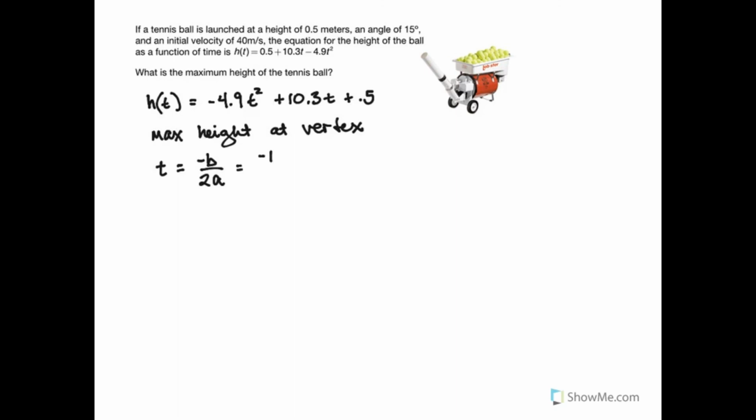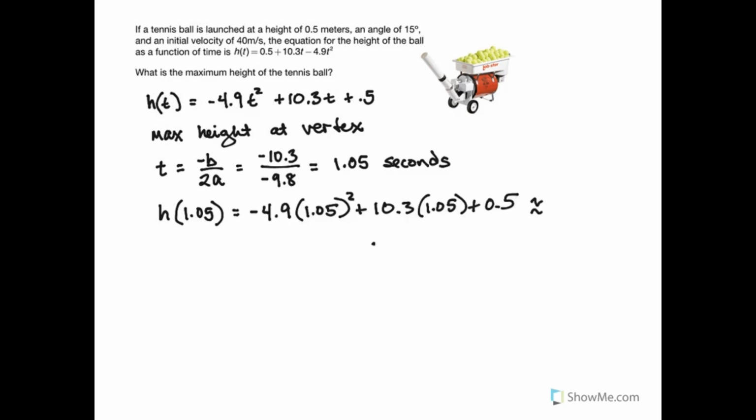So that's negative 10.3 over 2 times negative 4.9, or negative 9.8, and that works out to be 1.05 seconds. To find the height at 1.05 seconds, I evaluate h at that value, and I find that it's about 5.9.